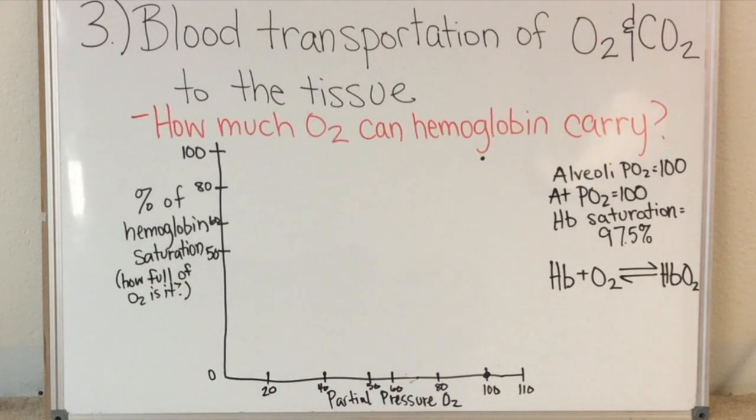At the alveoli, the partial pressure of oxygen is 100 millimeters of mercury. At this level, hemoglobin saturation is 97.5% full.